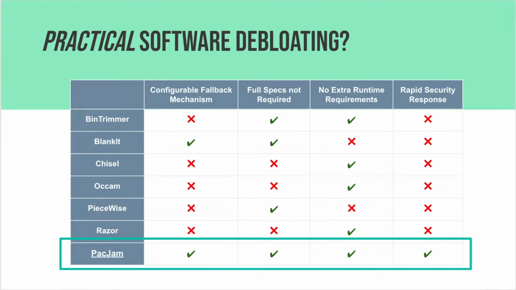What's more, none of the existing techniques provide support for automated rapid security response. This is a huge problem because there is usually a considerable delay between the public disclosure of vulnerabilities and the issue of patches. To address the mentioned problems, we propose to debloat programs at the package level using a framework called PacJam.